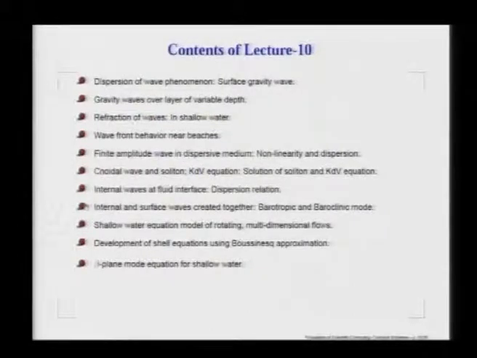We will talk about them, and in the context of geophysical fluid dynamics, we will develop the shallow water equations as formed over the ocean or atmosphere that is constituted by rotating multidimensional flows, and in the process we will develop shallow water equations using a Boussinesq approximation for density variation or the heat transfer problems, and we will finally talk about a special simplification of the shallow water equation based on some variation with the latitude, which is called the beta plane model.